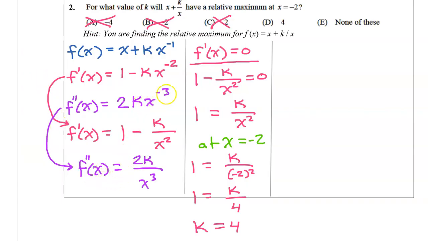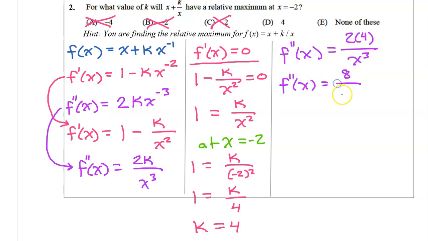Rewriting the second derivative to get rid of the negative exponent, we have f double prime equals 2k over x to the third power. If k is equal to 4, then we have 2 times 4 over x to the third power, and f double prime is 8 over x to the third power.